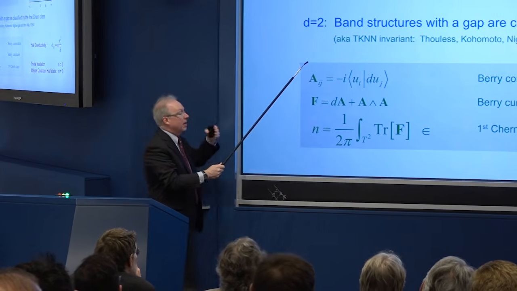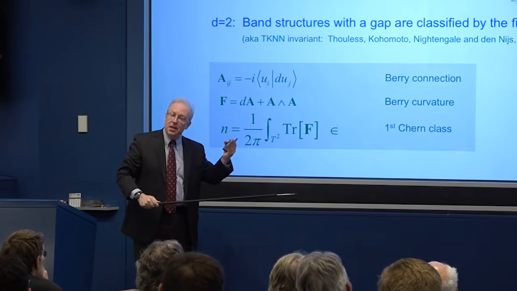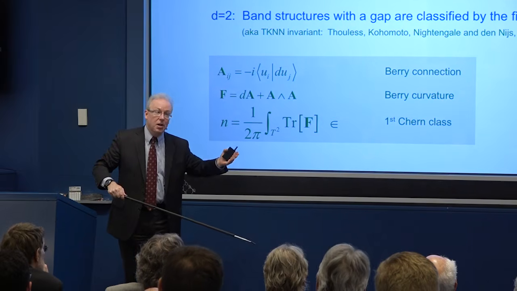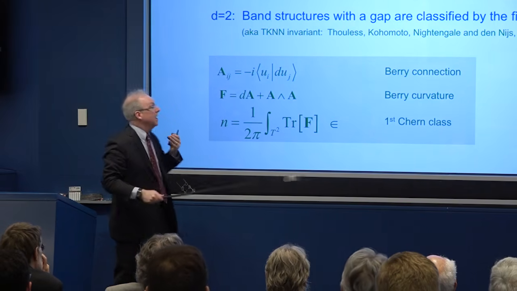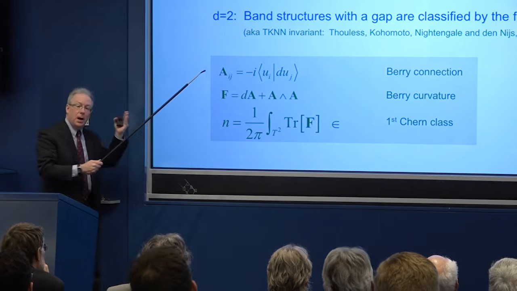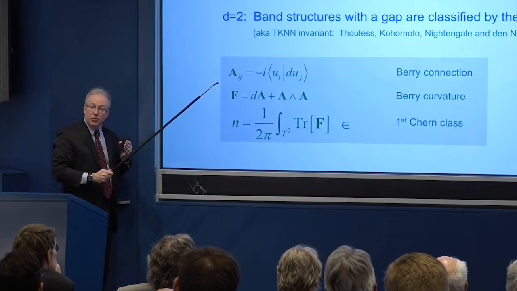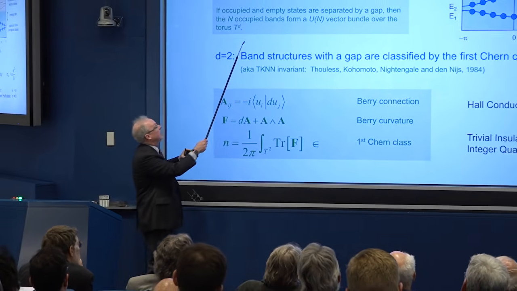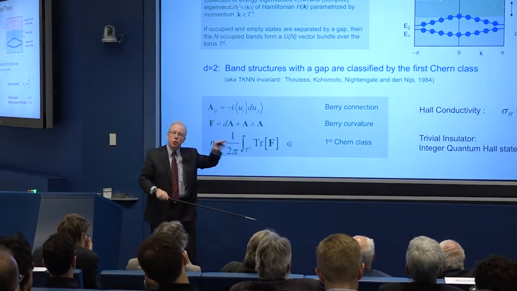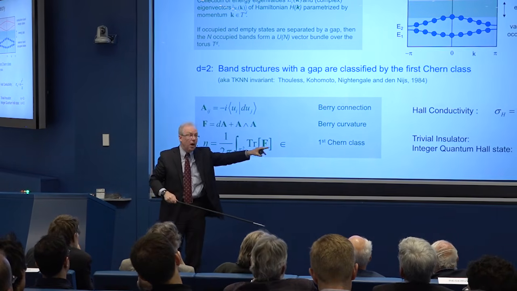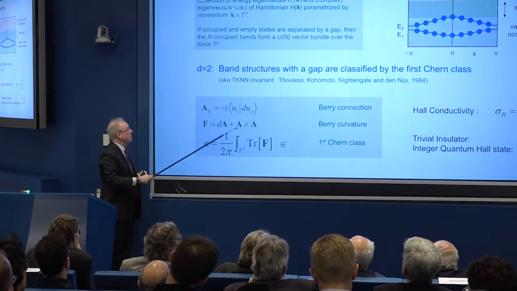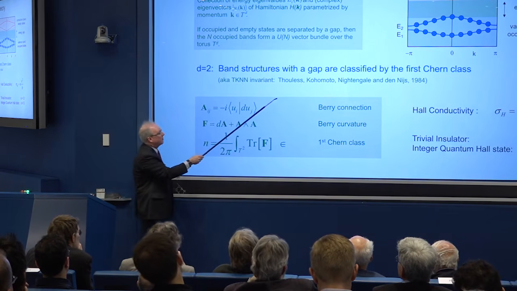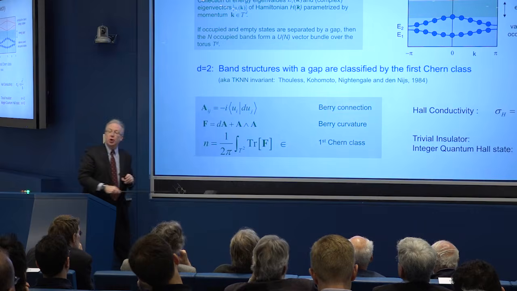What happens though, and this is the realization that, again, people like David Thouless realized, is that ideas of topology can be applied to these band structures. So in fact, in 2 dimensions, when I just have a Hamiltonian which is a function of 2 parameters, kx and ky, on a 2-torus, then the band structures can be classified by their first Chern class.